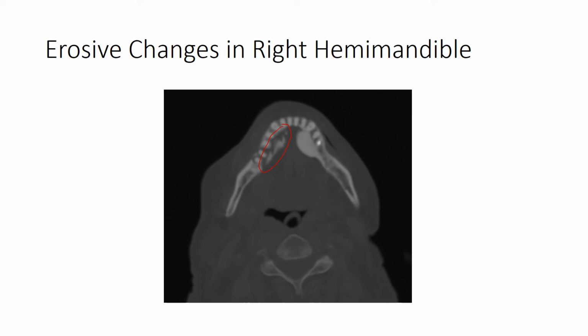If the patient was on bisphosphonates, this could be bisphosphonate-related osteonecrosis. So this is not specific, but certainly is aggressive. And I would say, given the patient's history, is certainly suspicious for metastatic disease of squamous cell carcinoma.